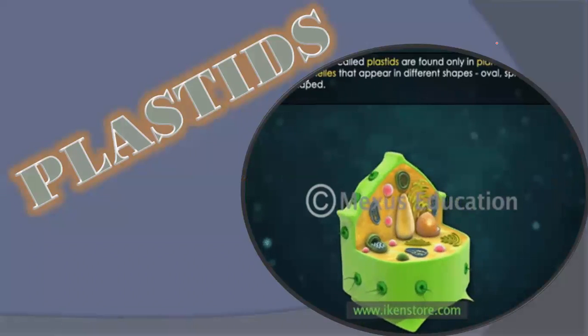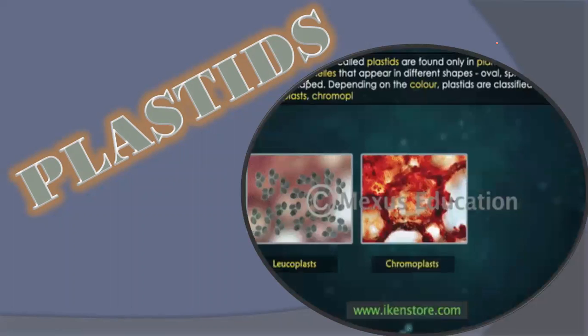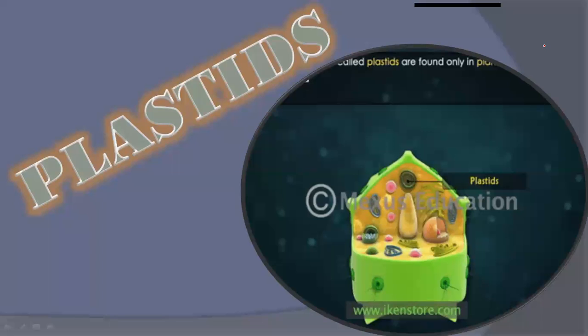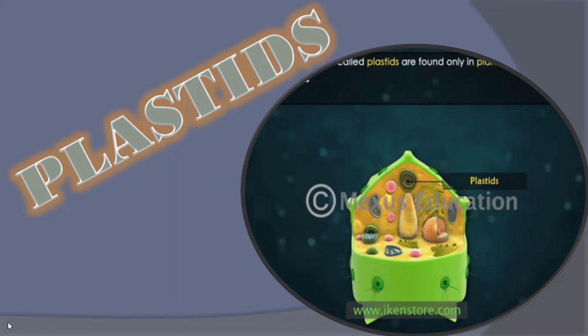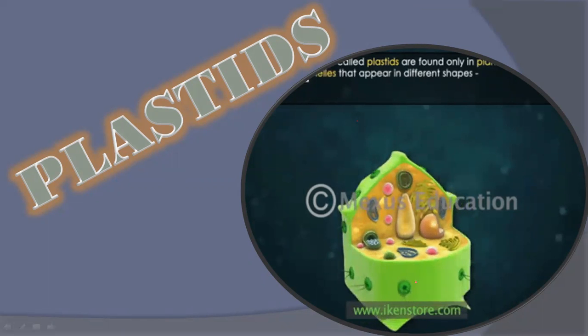Dear students, plastids are only present in plant cells. So plastids are only found in plant cells. If you see this structure, this is a plant cell, and if you see this kind of structure, that is a plastid, which is present in the plant cell.